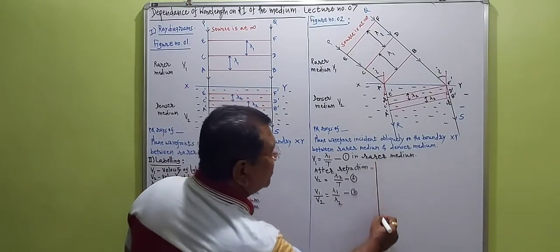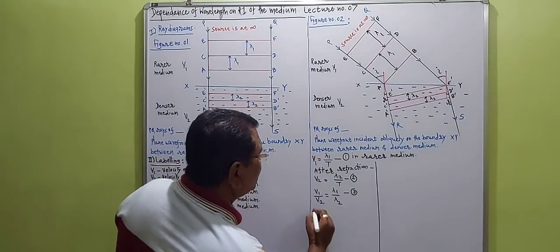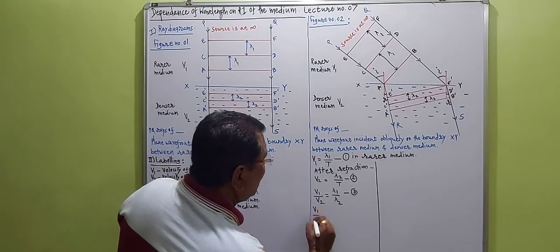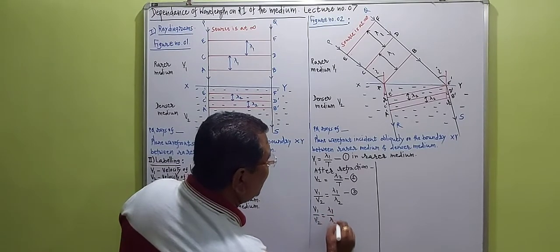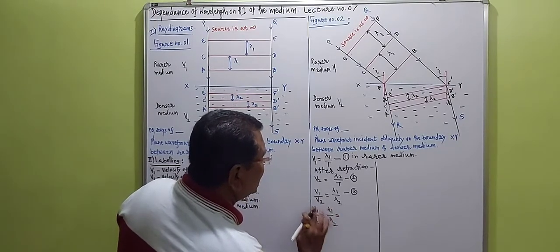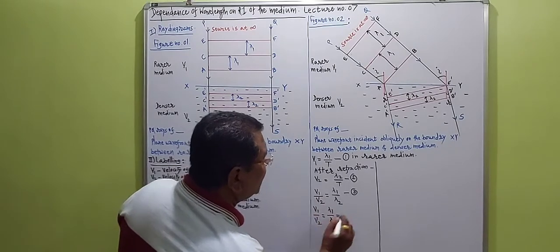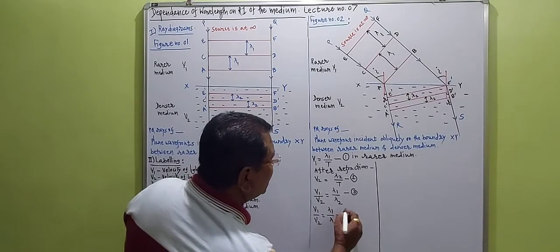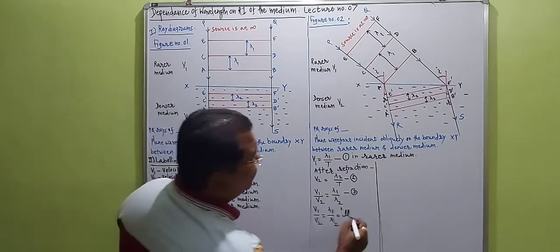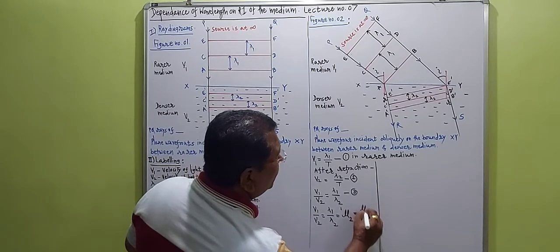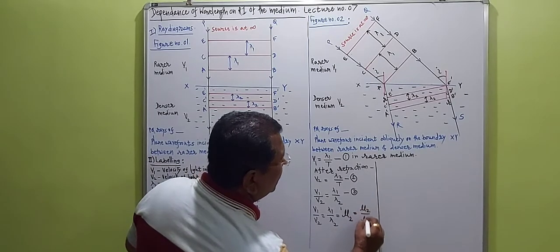Then we know V1 upon V2 is equal to lambda 1 upon lambda 2. This velocity ratio or wavelength ratio is nothing but the refractive index of the second medium with respect to the first, which is equal to mu 2 upon mu 1.